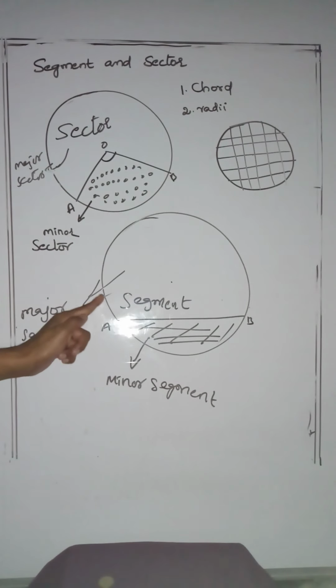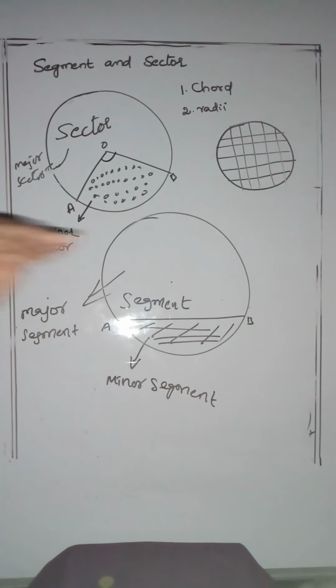If the chord is made to travel through the center of the circle, then it is called a semicircle. Here I am giving importance to the angle. If the angle made at the center of the circle is equal to 180 degrees, then the radii become a diameter. Then it is said to be a semicircle.